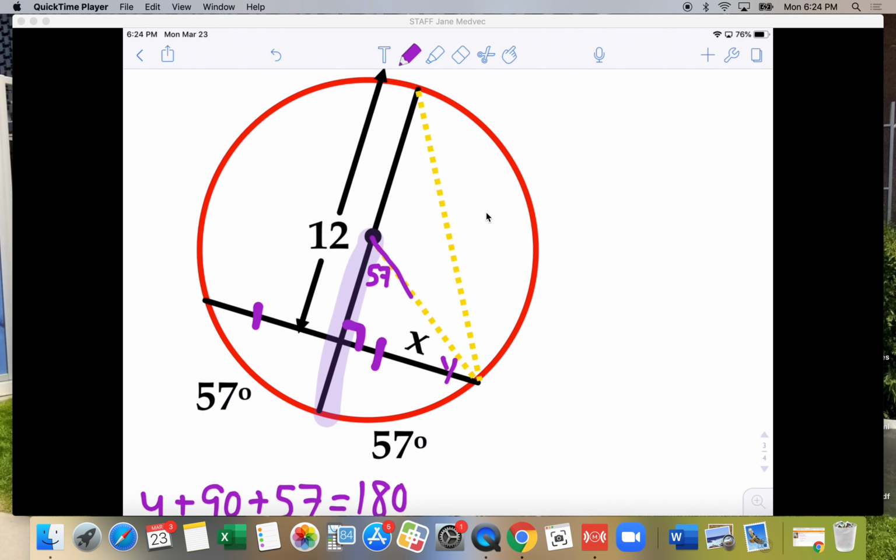Because this is a radius from here to here, and this is a radius from here to here, this is an isosceles triangle. And I know that this angle measure and this angle measure are congruent. And so what I'm going to do is I'm going to call this Z. And you'll notice that this piece right here is a straight line.